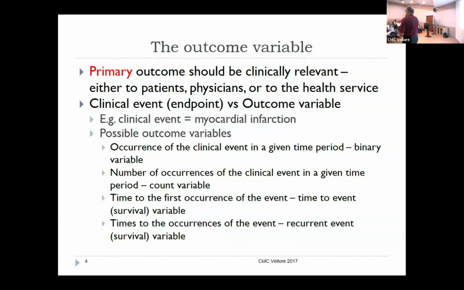And keep that separate from this is my clinical event that I'm studying, the clinical endpoint that I'm studying, versus the variable that I'm studying. The random variable is what we statisticians work with.